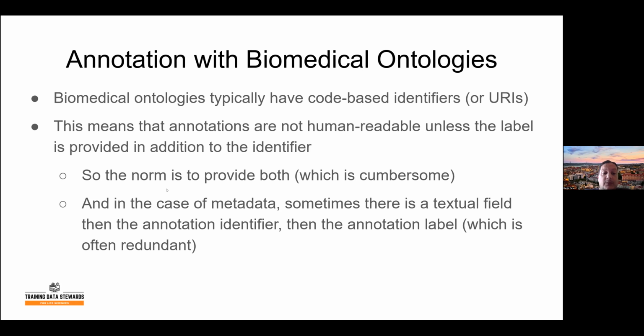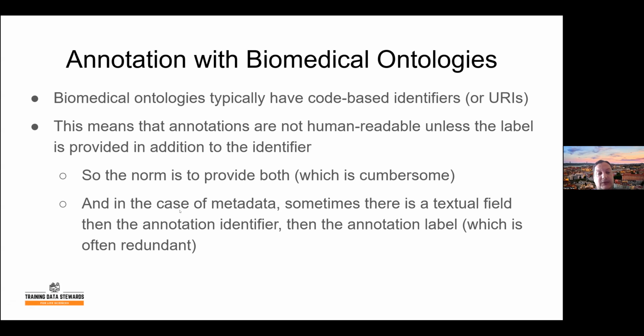And that is indeed the norm, and this makes the process cumbersome. This also means that if you were to encode your data in a machine readable format based on instances of the ontology, the data would not be human readable because it would rely on the alphanumeric identifiers.